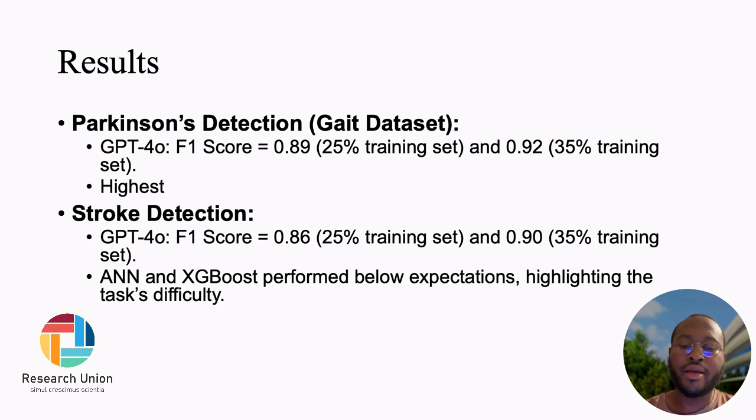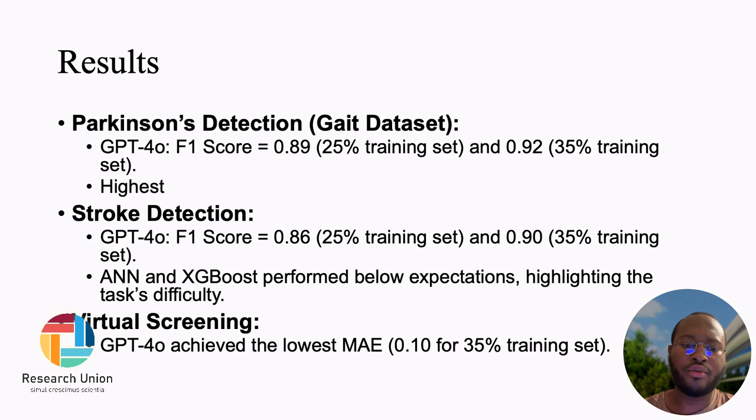Similarly, a very high F1 score for the training set of 35%. Both of the standard models, the artificial neural network and XGBoost, did not perform well.